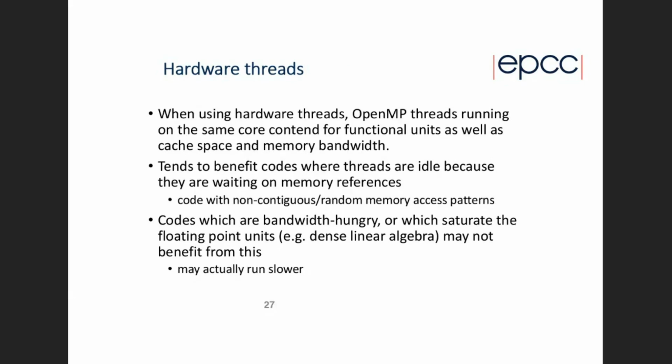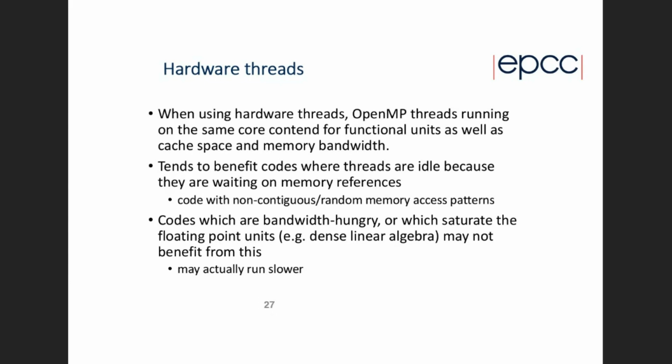Hardware threads. If we use hardware threads with OpenMP, you're going to end up with multiple OpenMP threads running on the same core. So they will contend for the functional units, for example the floating point units, as well as for the cache space and memory bandwidth. This tends to benefit codes where threads are idle because they're waiting on memory references.